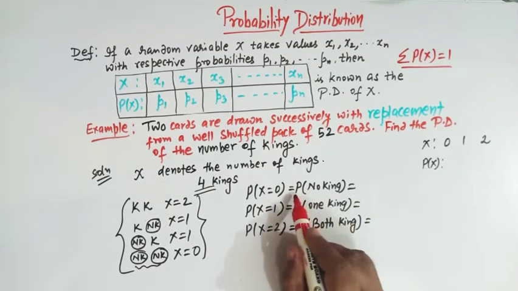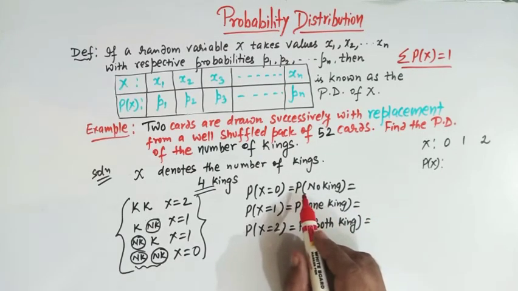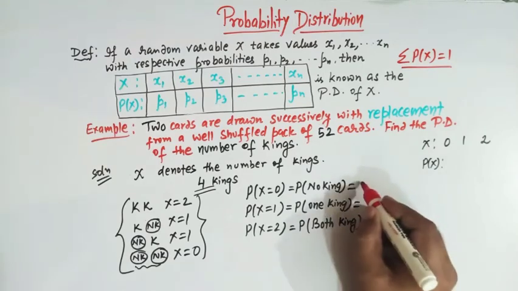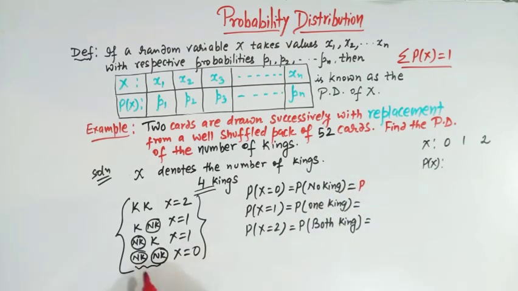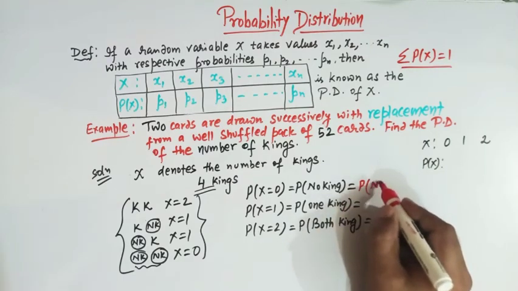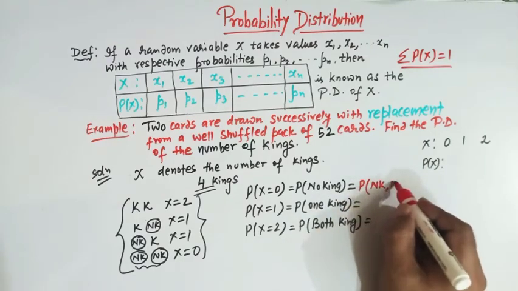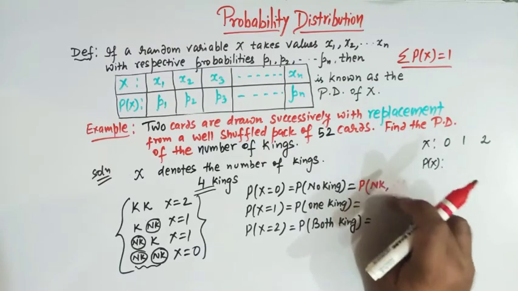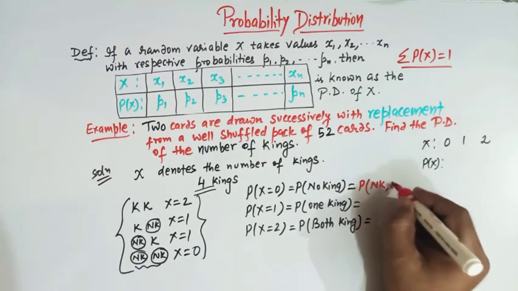Now if we want to calculate the probability of no king, it means we have this event, that is nk and nk, that is non-king.